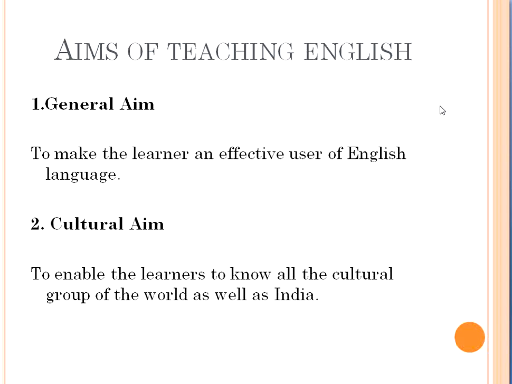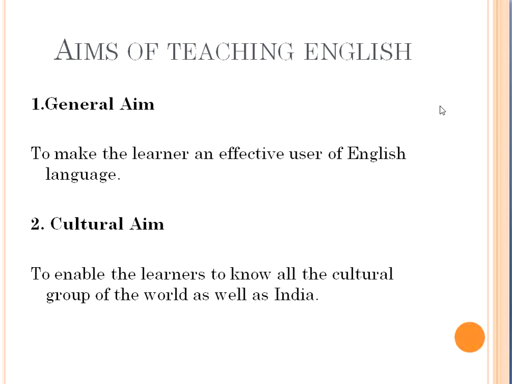What is the second point? The second point is cultural aim. So what is the aim? To enable the learners to know all the cultural groups of the world as well as India. So now suppose you belong to India. You know the culture of India, but you want to make the people from the outer world get introduced to your own culture, your own language.